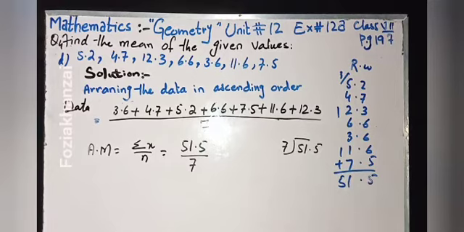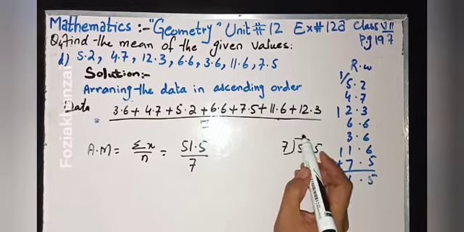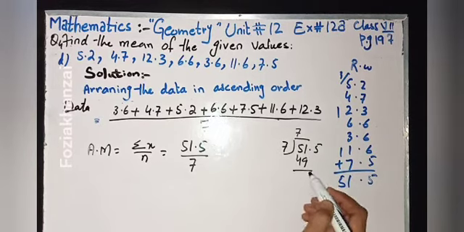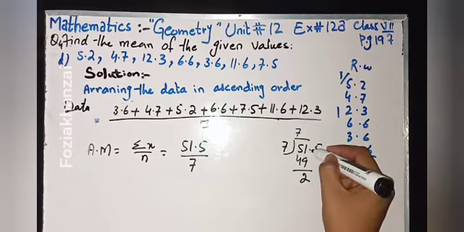Now divide. 7 5s are 35, 7 6s are 42, 7 7s are 49, 7 8s are 56. 56 is a bigger number. 7 7s are 49, 49, 50, 51. 2 is left. The decimal goes up as it is.